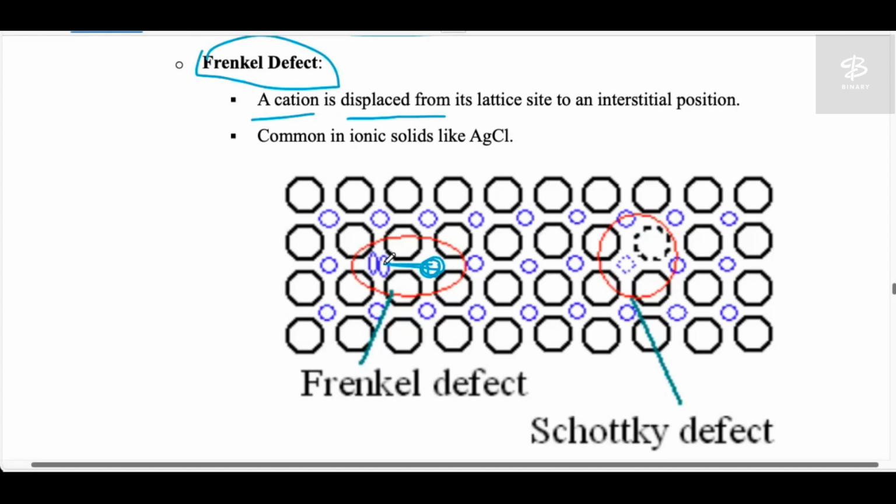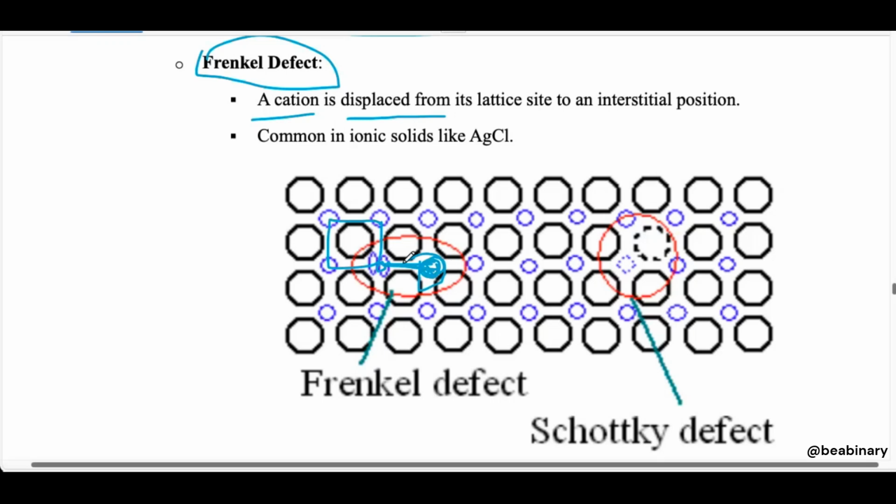In itself, cation means a positive charge. Suppose this is a positive charge, and here it has come out to here. So if we talk about this particular cell, it is not disturbing. Okay, here all are present in the same fashion, but this one is coming out from nearby and sitting here. So leaving here is a vacancy at the same time.